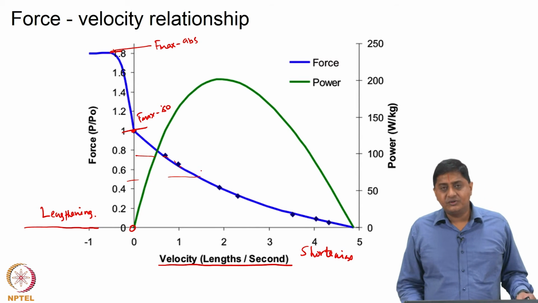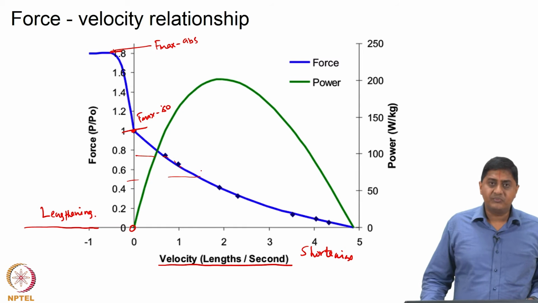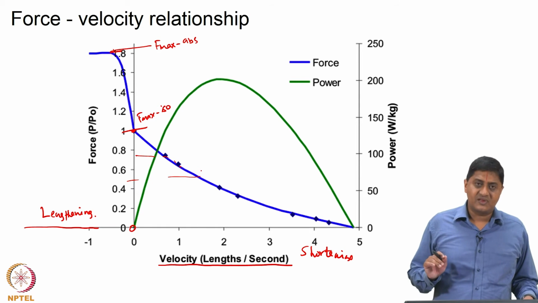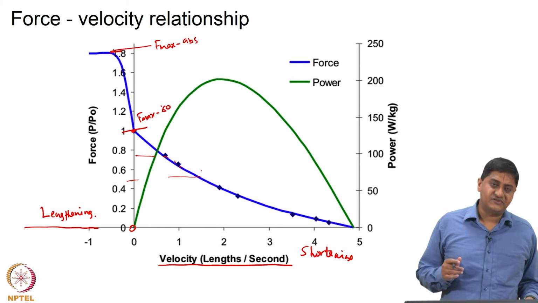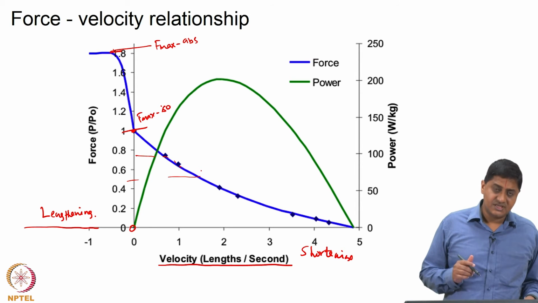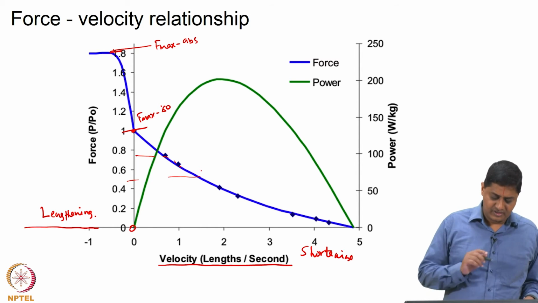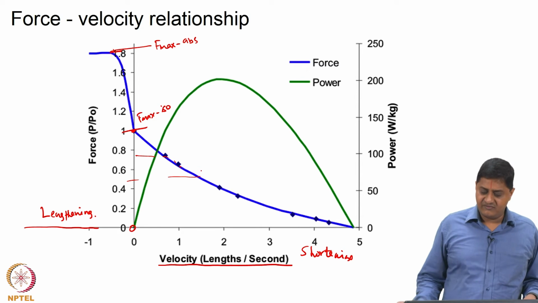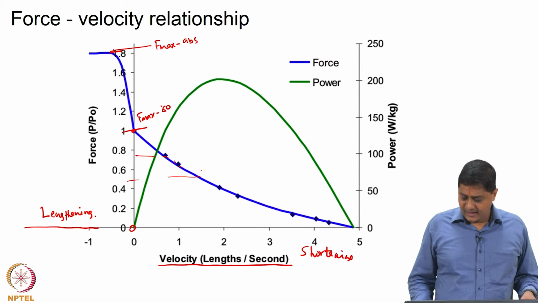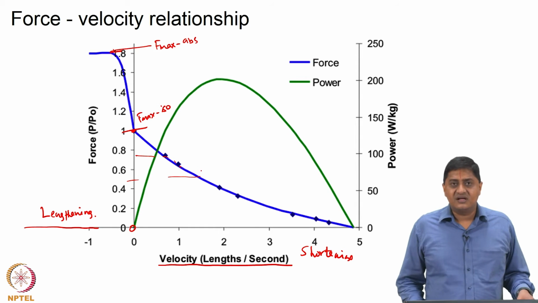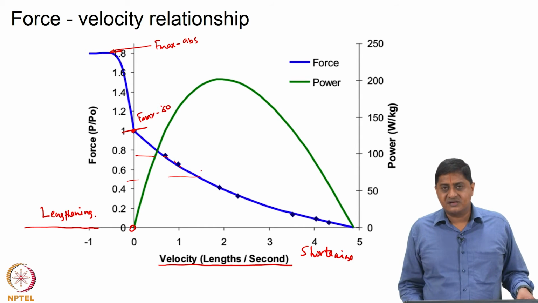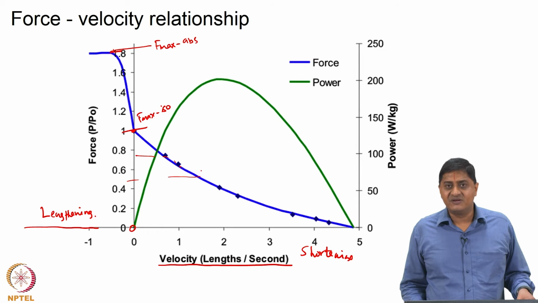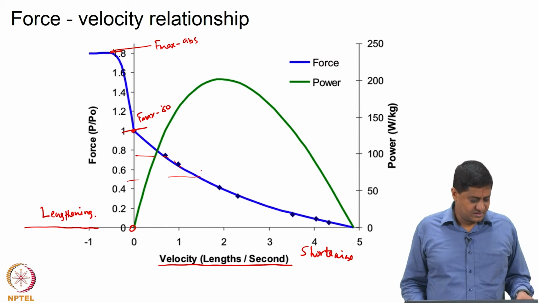An important point to note is that the preceding activity affects how the muscle behaves, right. In other words, if before this experiment the person has done some exercise, then the muscle will behave in some manner. If the person has not done any exercise or is at rest, the muscle will behave in a different manner, right.